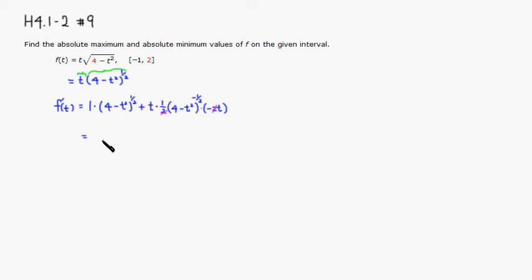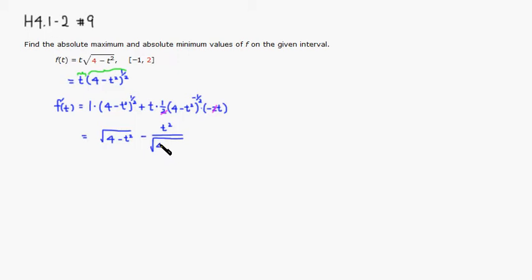All right, then you can go back to square root. So this is just a square root of 4 minus t squared. All right, so it's going to be negative t times t, which would be negative t squared on top. Then you have a negative 1/2 power, so the square root is on the bottom.